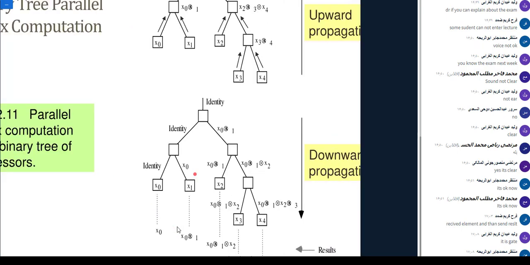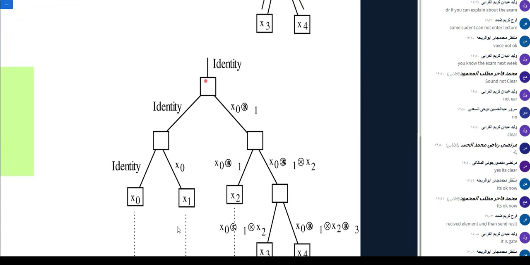So it starts from here, as I said, and sends it to this one, and again the identity to the left one. And then in this place, what is received from left is moved to right, and the combination of left and up is moved to the right.